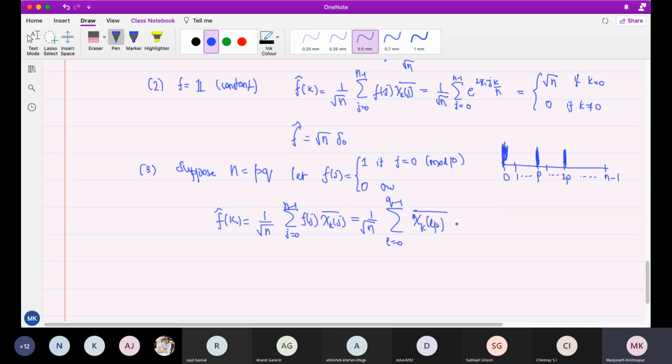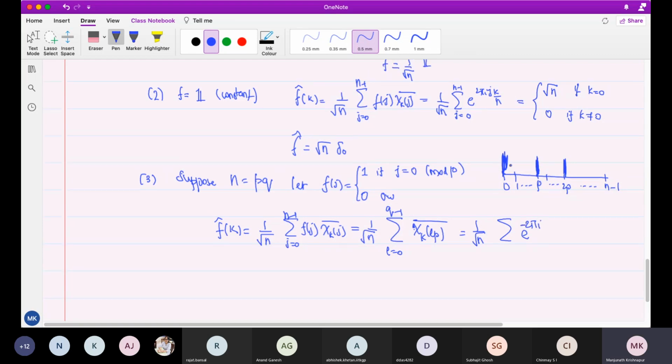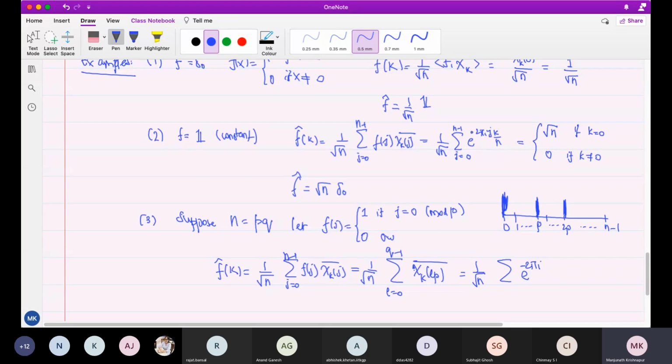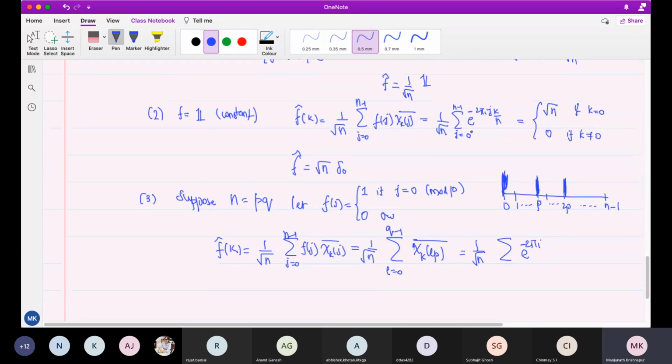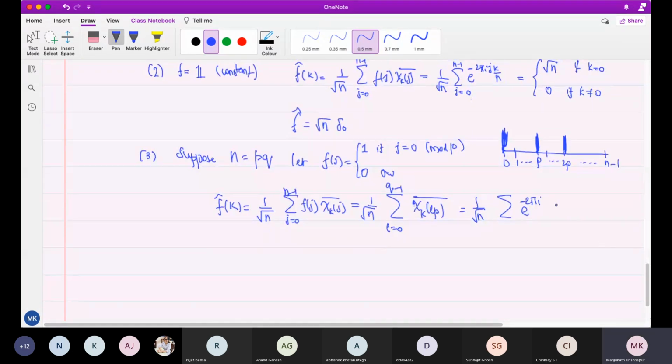And what is that? That is 1 by square root n, sum of e to the minus 2 pi i k l p over n. Oh, sorry, earlier I forgot a negative here, which didn't matter actually there, but it may slightly matter here. So l equals 0 to q minus 1.